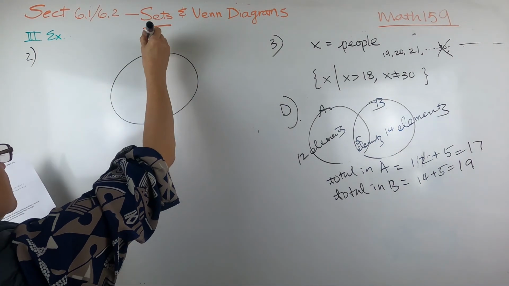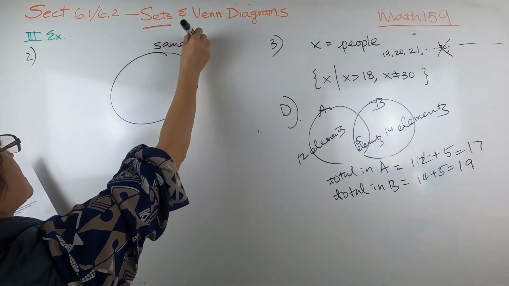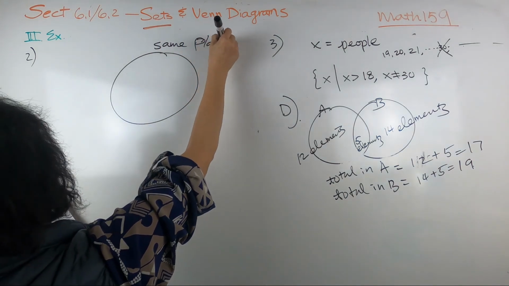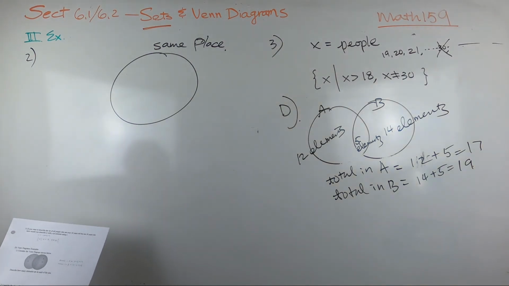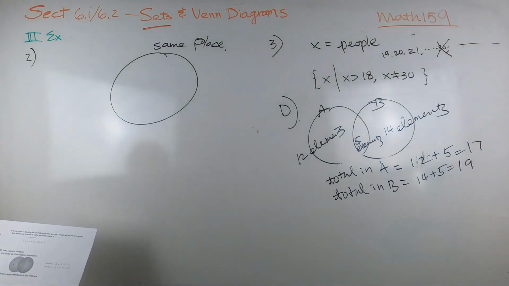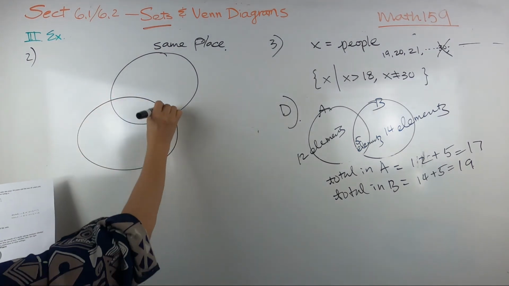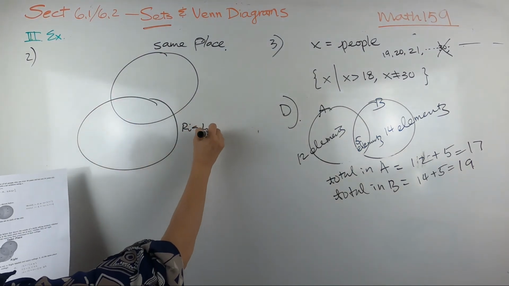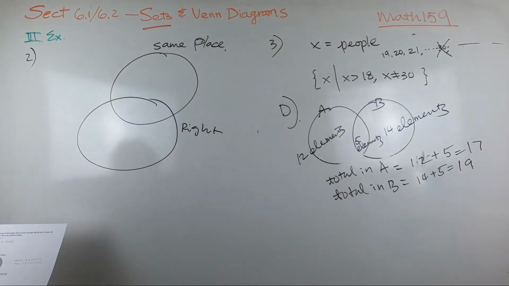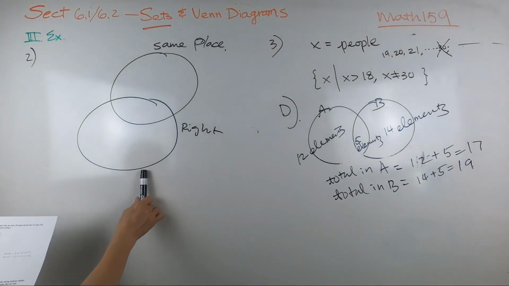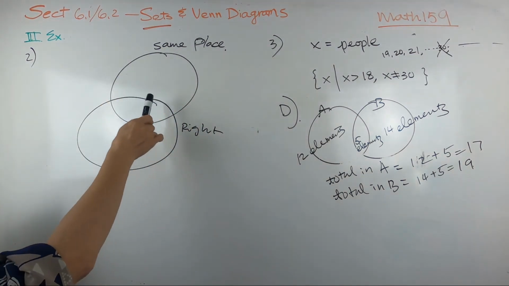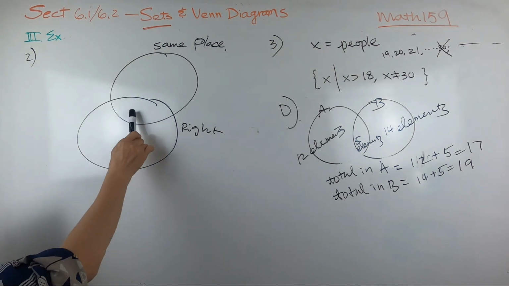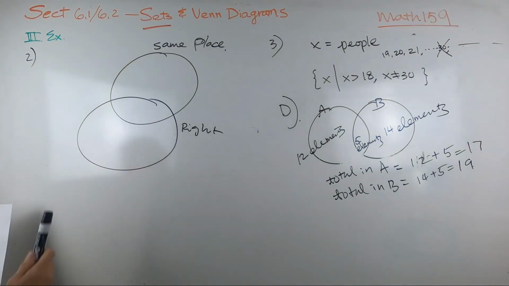Asking students whether their first college class was at the same place as now. So if this is your first college class, same place. Then we also ask some students if they are right-handed or left-handed. If they are right-handed, that means some students maybe are still in the same place as their first college class and also right-handed, that will be here.